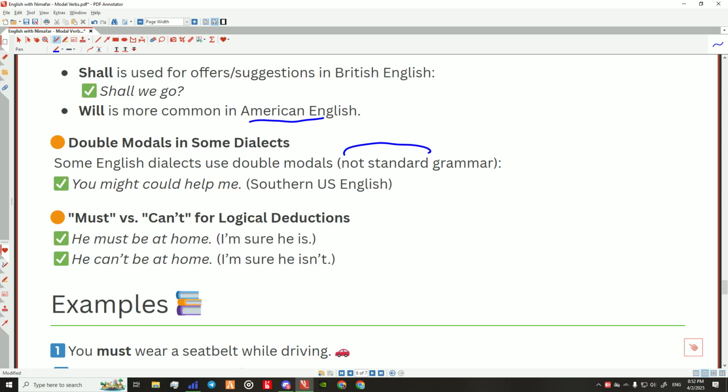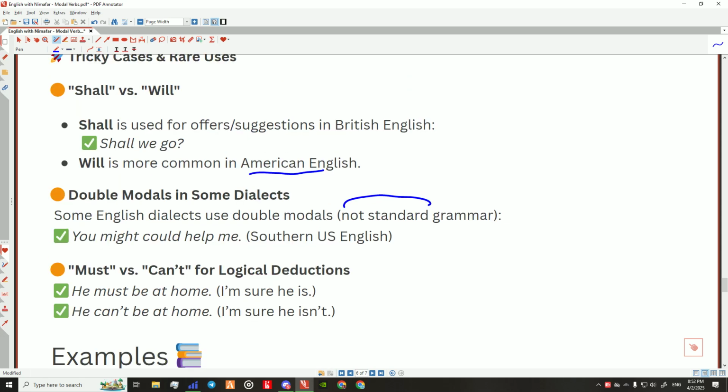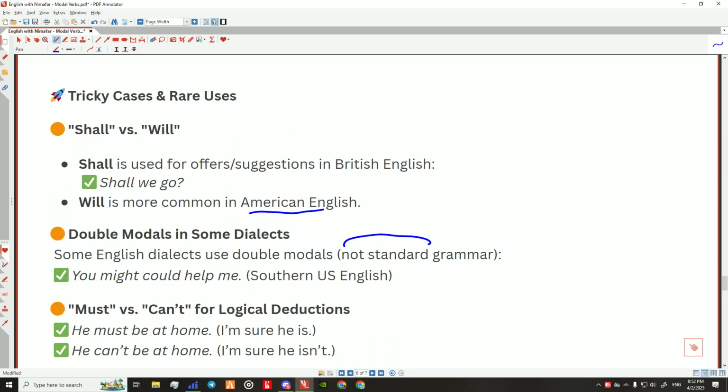And here we said, "He must be at home, I'm sure he is." "He can't be at home, I'm sure he isn't." So, we talked about modal verbs. Something really interesting is perfect modals, like should have: "You should have told me." "They could have done this."